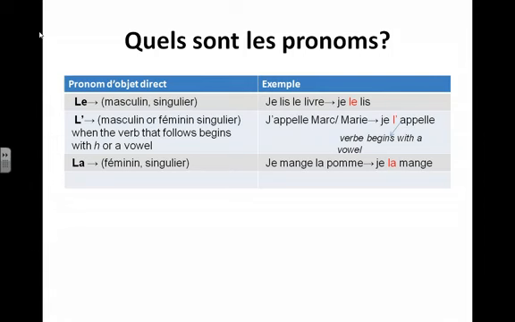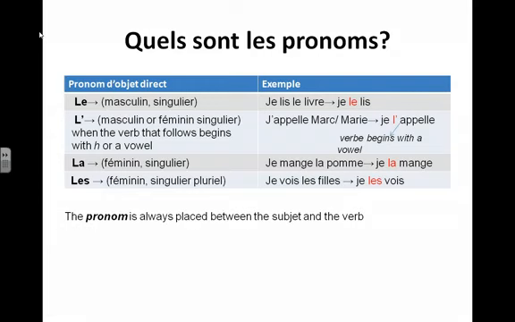Now we have plural. Let's see the example. Je vois les filles. Je les vois. Filles is feminine plural. And these are basically all the direct object pronouns.